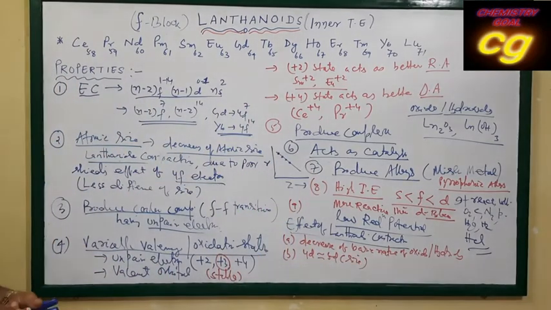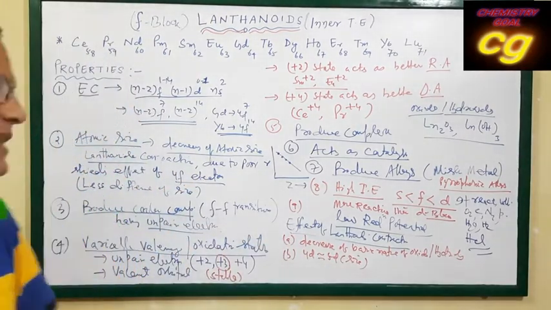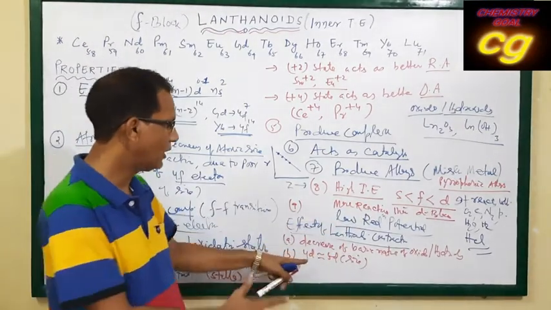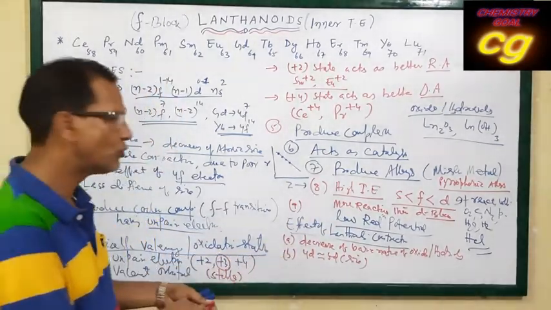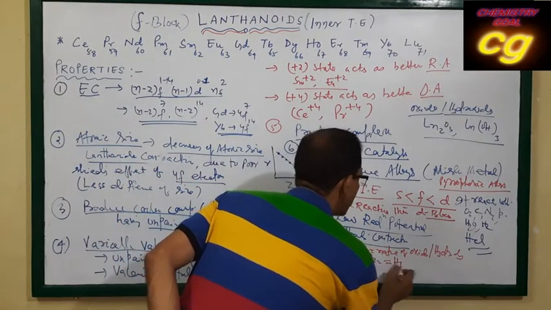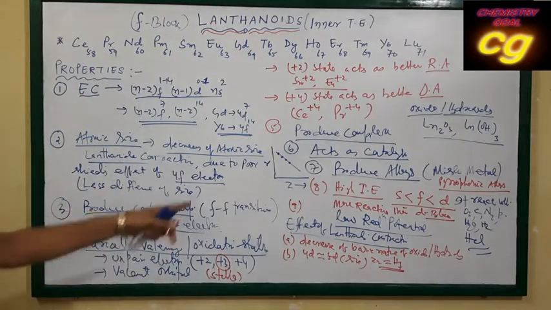That means the 4d series and 5d series have approximately the same size due to lanthanide contraction. The first example is zirconium and hafnium. Zirconium is equal to hafnium in size due to lanthanide contraction.